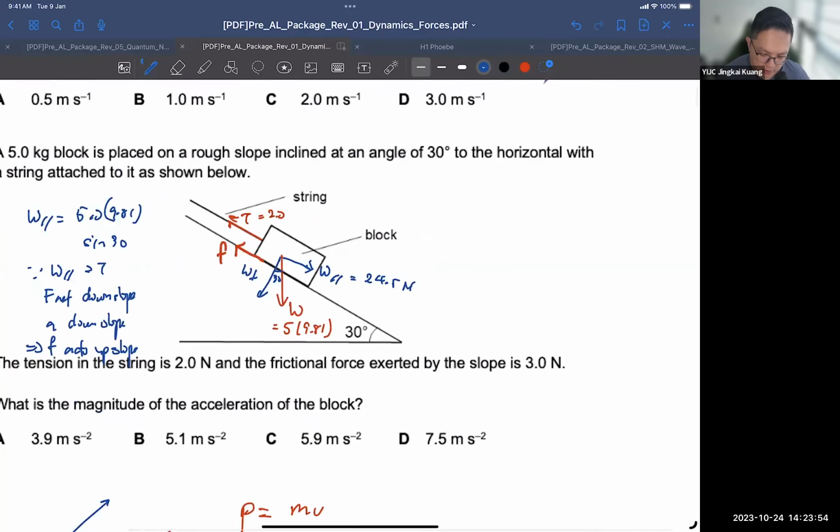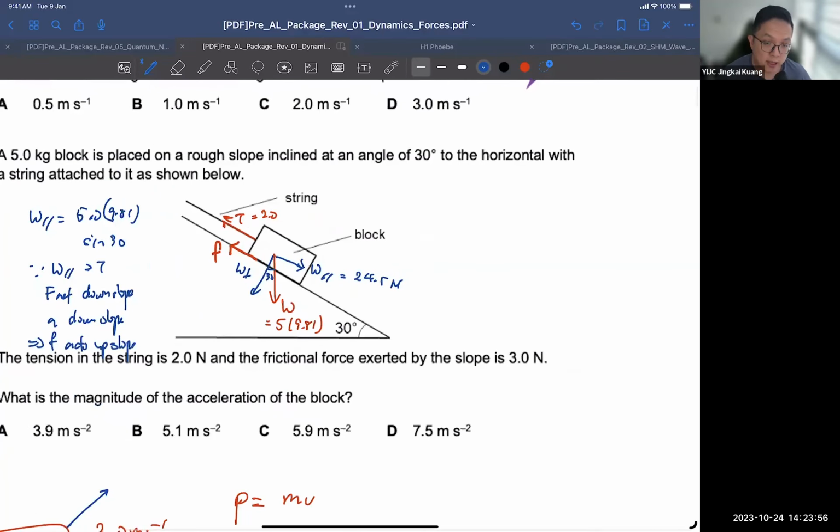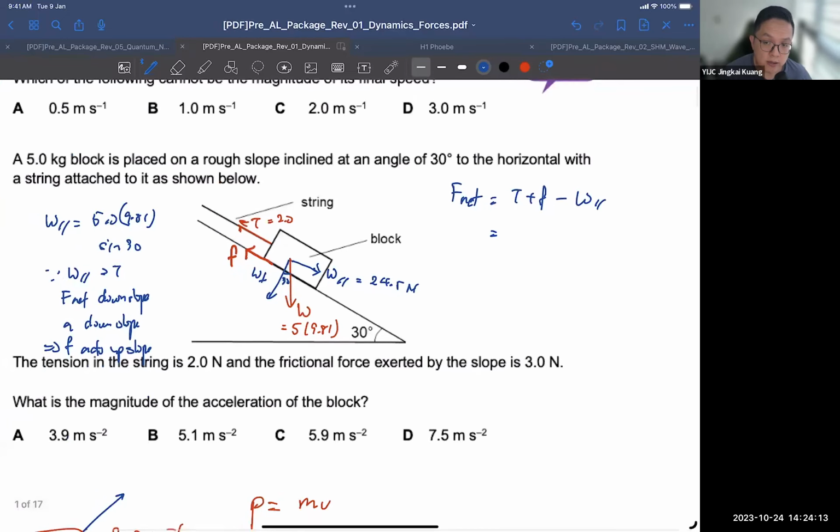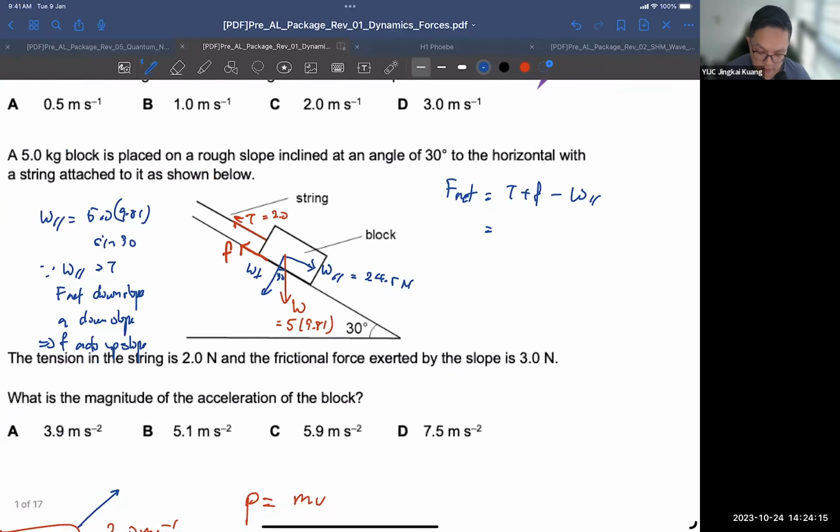So F net now, because friction and tension are working together, is T plus F minus W parallel. Let's substitute. We realize actually downslope is larger, so this calculation will result in a negative value, but that's not important.